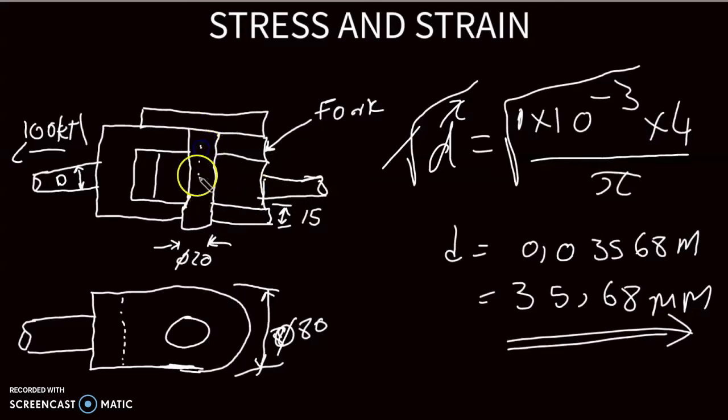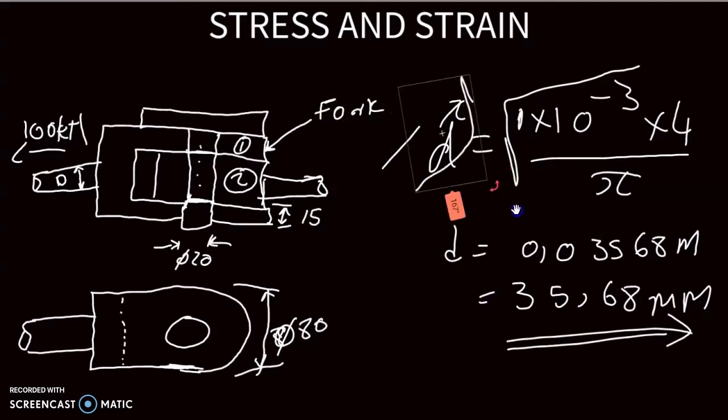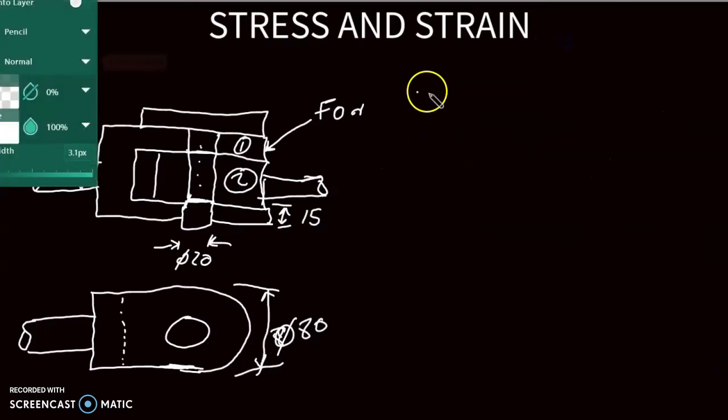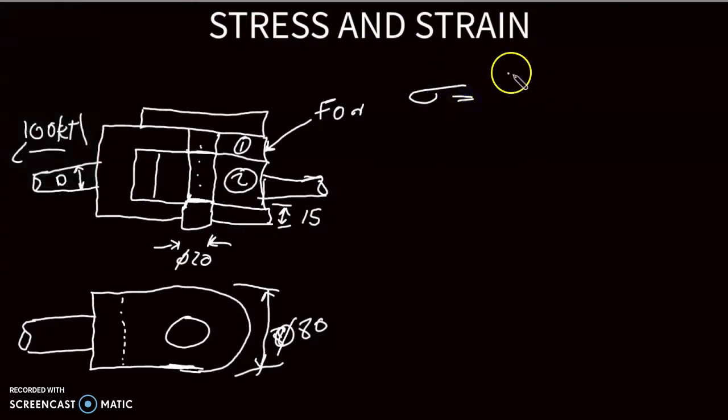The coupling pin is this one. If the pin is to shear, where will this pin shear? The pin will shear here and here. So to get the shear stress, we know shear stress is given by force divided by area, which we are going to write as force divided by area.